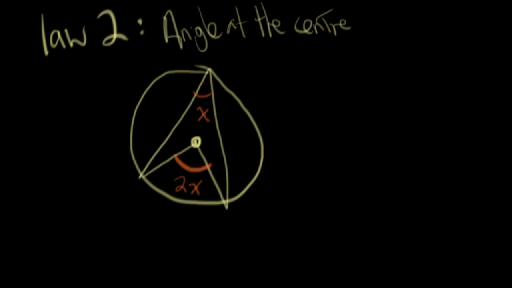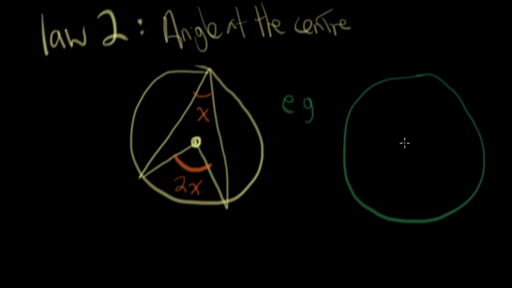So for instance, if you had an example that kind of looked like this. Here's a pretty good circle. And remember, if you have two endpoints going like this, and if you go and hit anywhere on the circumference, you basically create a very interesting situation.